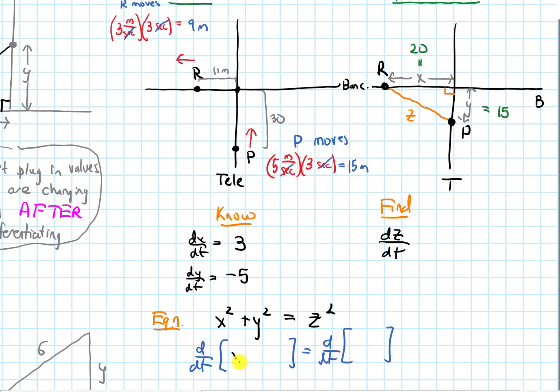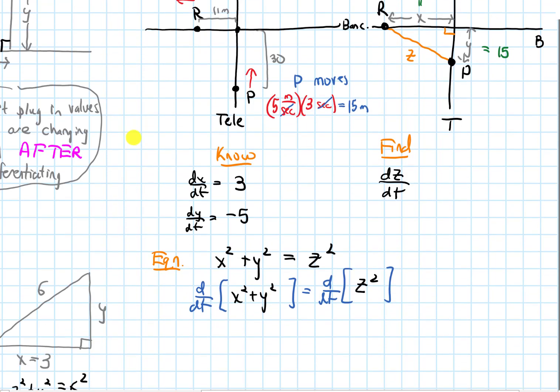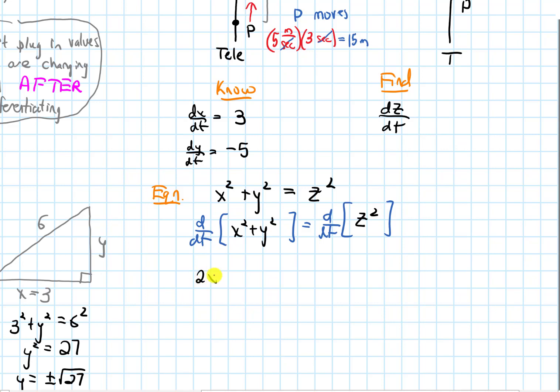And I have x squared plus y squared in here and z squared in there. So when we do this derivative, we'll get 2x dx dt plus 2y dy dt. This is implicit differentiation. And on the other side, we get 2z times dz dt.